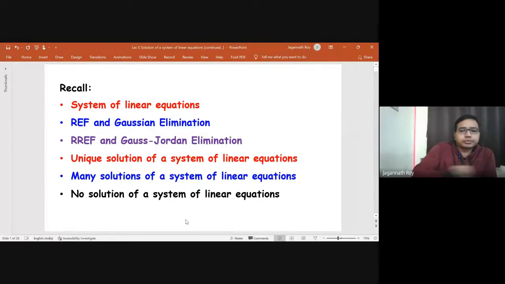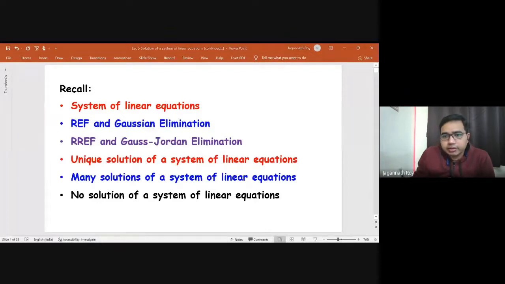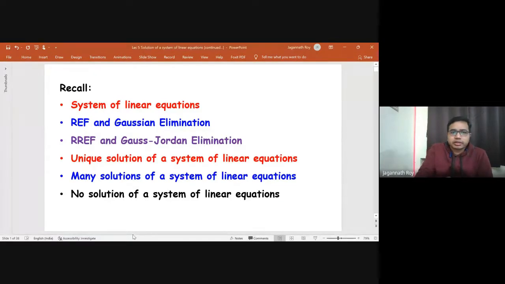Okay, so there is a request to explain the row equivalent form and the reduced row echelon form. So we will briefly recall the idea. So far we have discussed systems of linear equations.